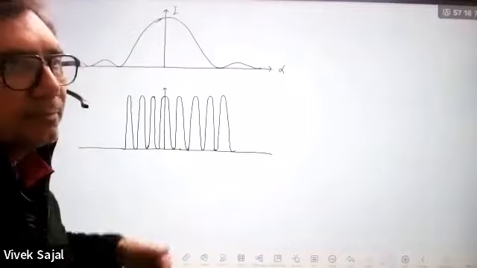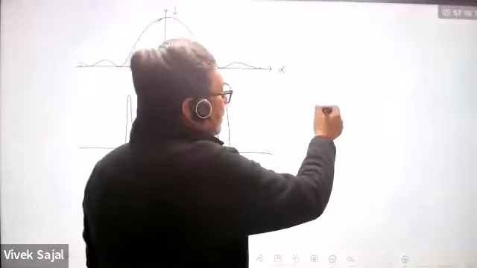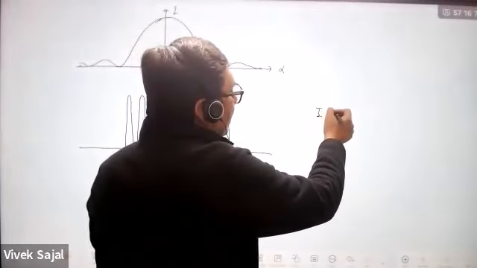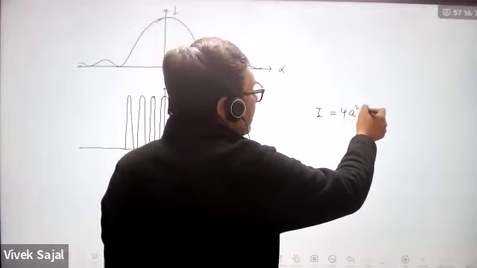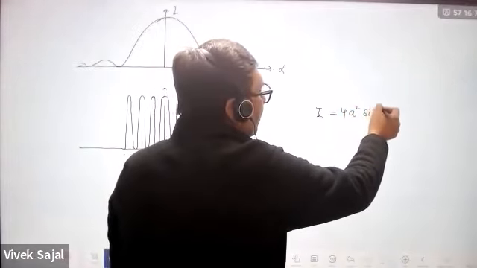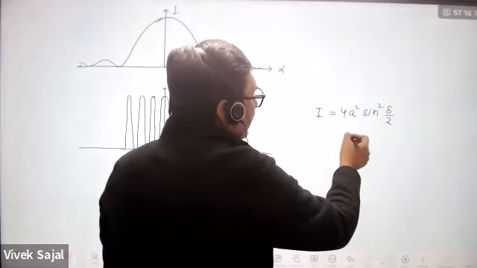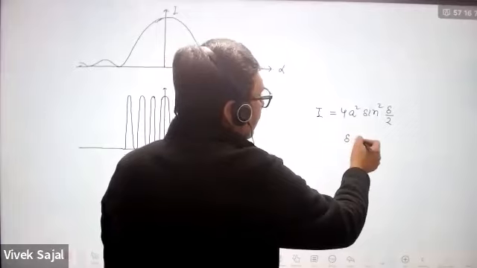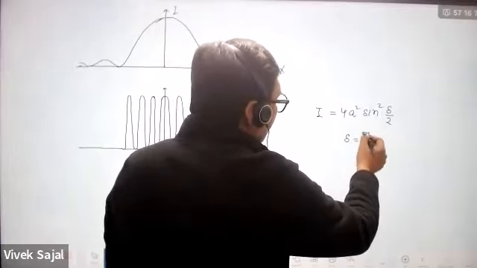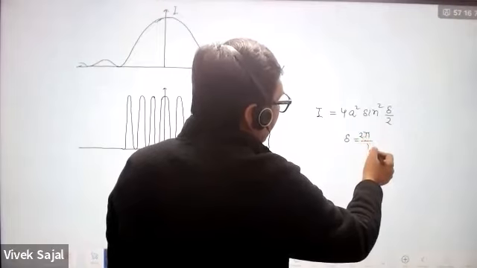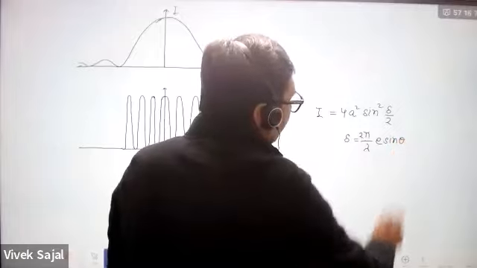In all possible thetas, what was the intensity? Intensity that was 4a square sine square delta by 2. And what was delta? Delta was equal to 2 pi by lambda, and that was E sine theta. This was the phase difference.